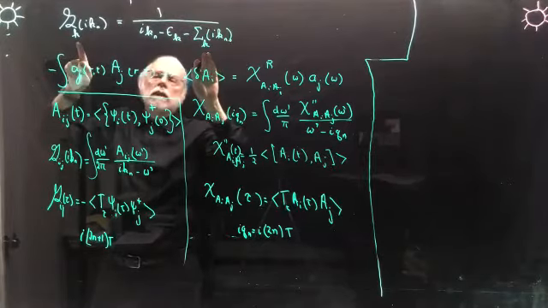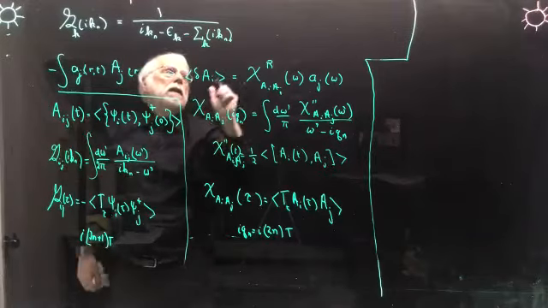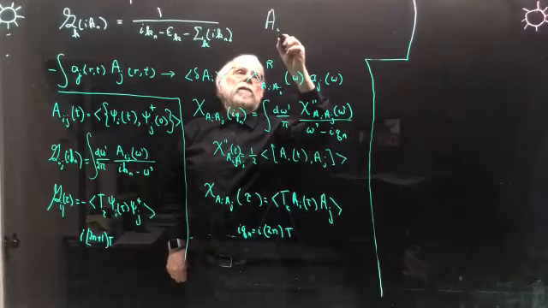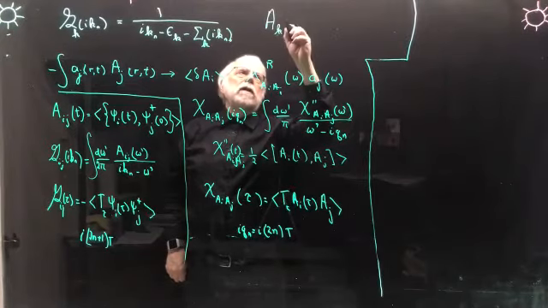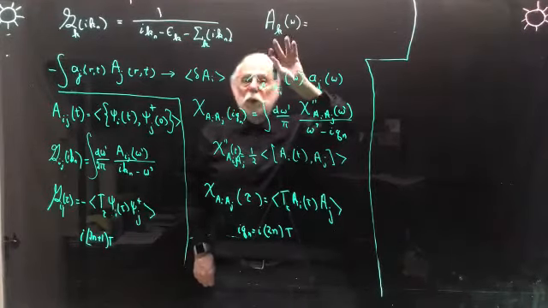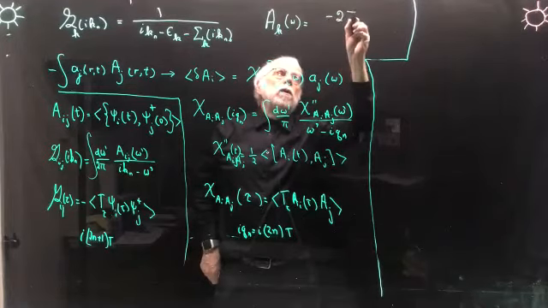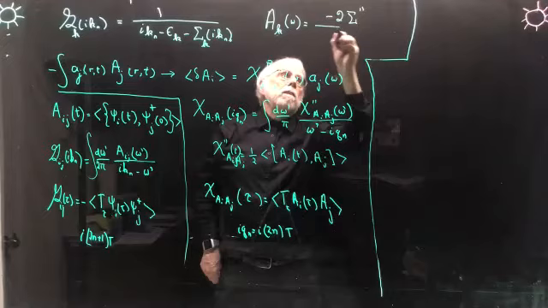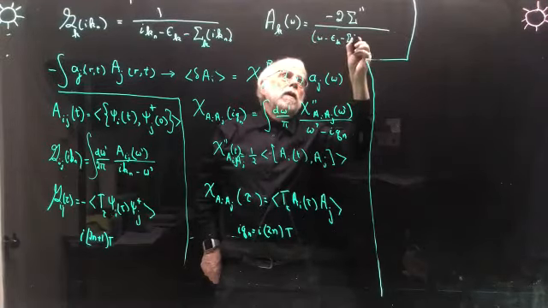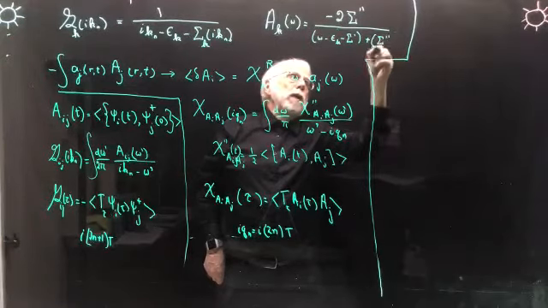So that's the self-energy. And once you analytically continue and look at the Fourier transform of this, you find that A, let's take the translation invariant case, A of K and omega, that you can measure in a photoemission experiment, is minus 2 sigma double prime of omega over omega minus epsilon K minus sigma prime, that's the real part, squared plus sigma double prime squared.